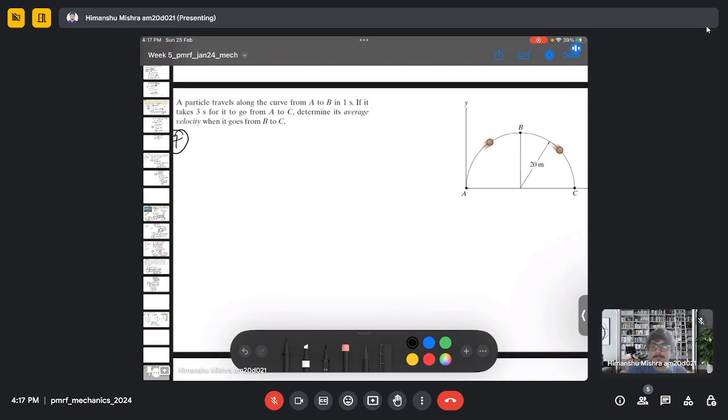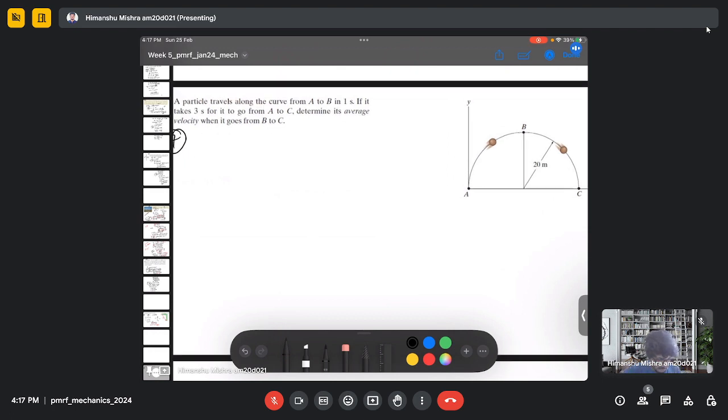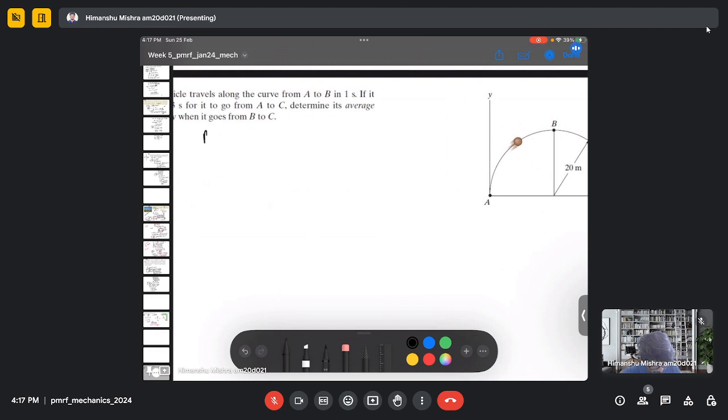So here we have a particle travels along the curve from A to B in 1 second. If it takes 3 seconds for it to go from A to C, determine its average velocity when it goes from B to C. So from A to B, it is given that particle will take 1 second.